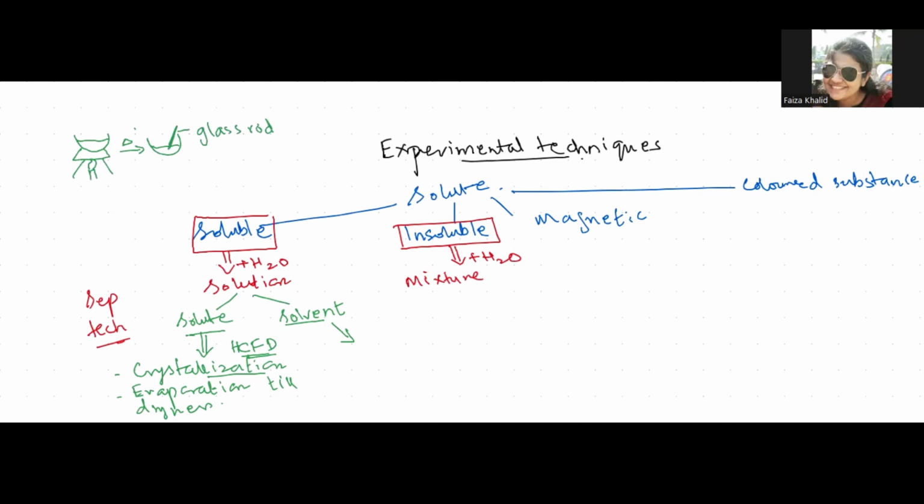Look over here. A glass rod is used to pick up a droplet of the solution, and then we take a glass slide and place a droplet over it with the help of the glass rod. If tiny crystals form in this droplet, that means a saturated solution has been formed.